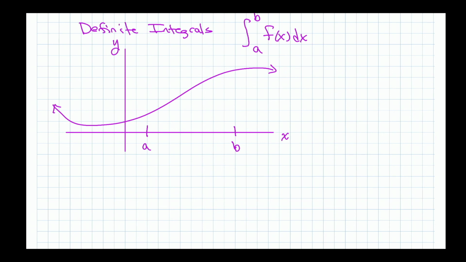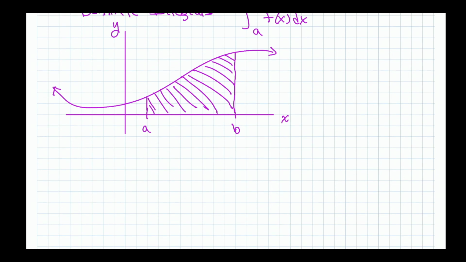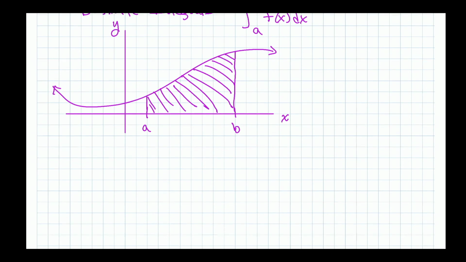If you take this function and you draw these lines in here like this, and then you shade this area, the area between the curve and the x-axis, that area is actually the definite integral. But that's only going to be for a positive function.